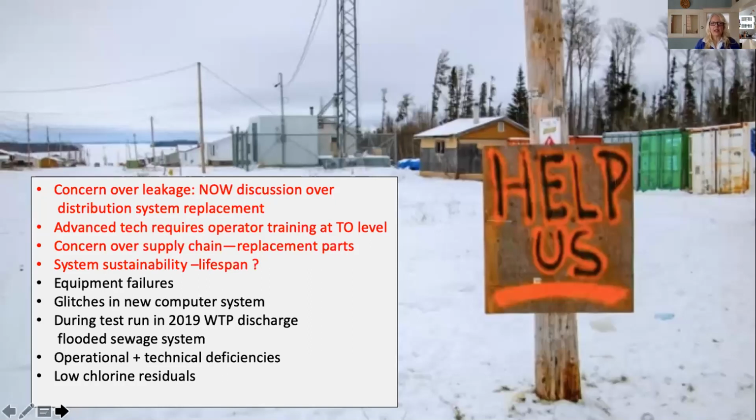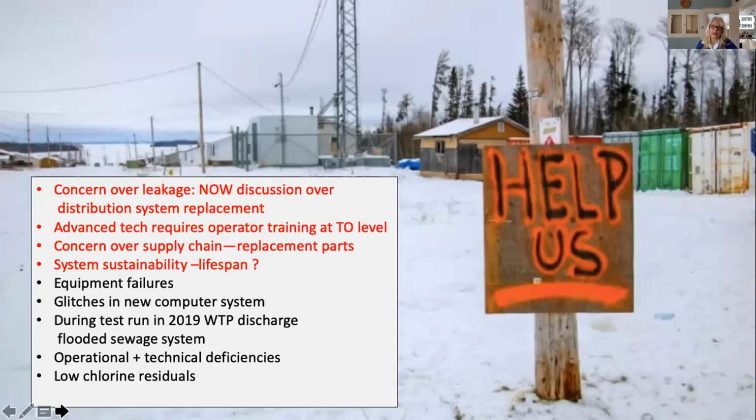So I'd like to draw your attention to just a few issues that I picked up by surveying media reports. I'm just going to talk about the first 4 highlighted in red. To start with, it is rather curious that now that the plant is somewhat completed, though still with some issues, there's discussion of potentially having to replace the water distribution system, meaning the supply.